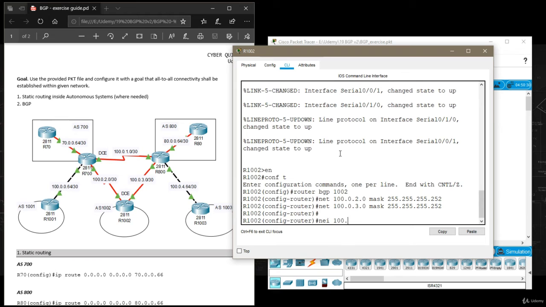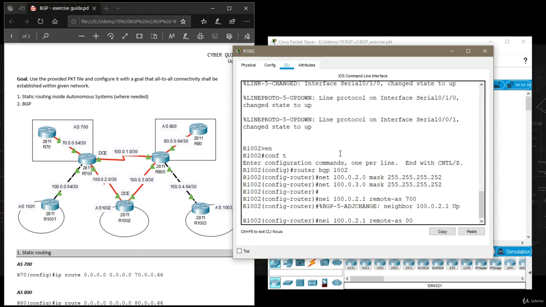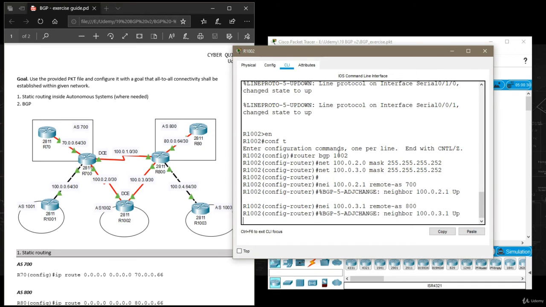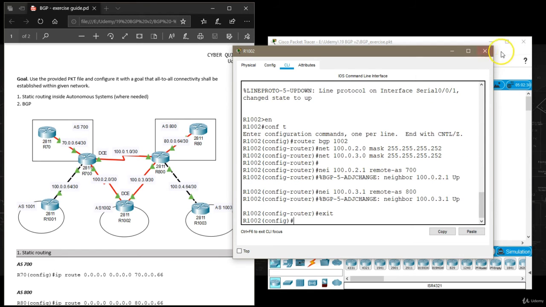Neighbors are 100.0.2.1 with remote autonomous system number 700, and then we have a similar command for autonomous system 800, only the IP address for the neighbor is 100.0.3.1. And that's it for router 1002.